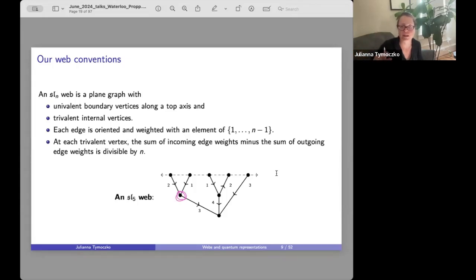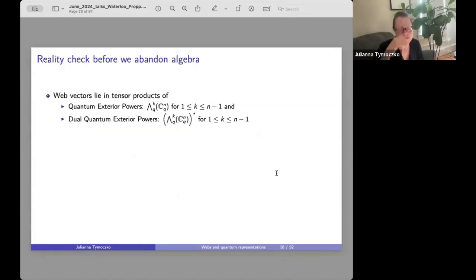So 2 plus 1 minus 3 is 0. Whereas this vertex here in the middle has 1 edge coming in, labeled 1, and 2 edges going out, labeled 4 plus 2, so 1 minus 6 is minus 5, which is 0 mod 5. So this satisfies our conditions. I'm checking that everywhere. Okay.